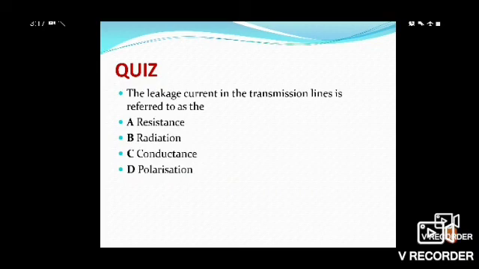The leakage current in the transmission lines is referred to as. First of all, we have to know what the leakage current is. Whenever we are using the transmission lines, because of the atmosphere effects, we have changes in the current. In the transmission lines, the air acts as a dielectric medium.